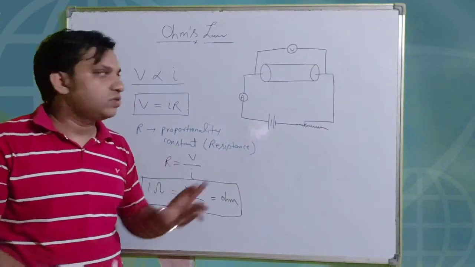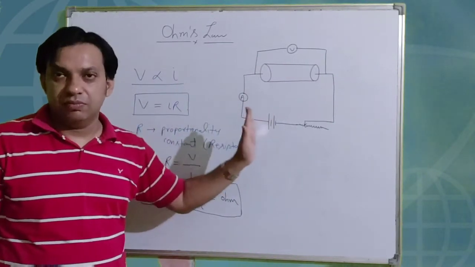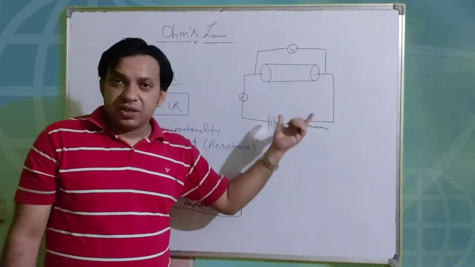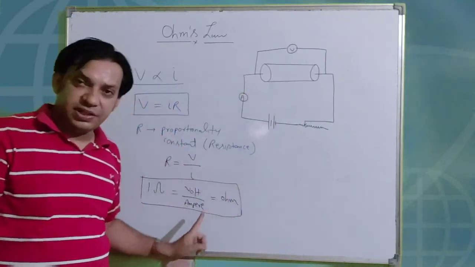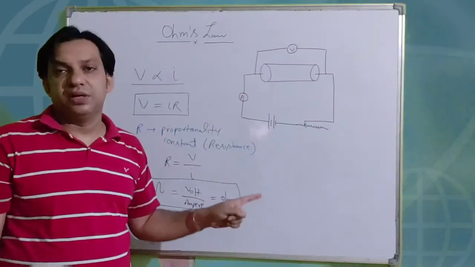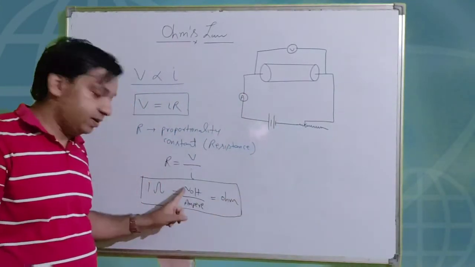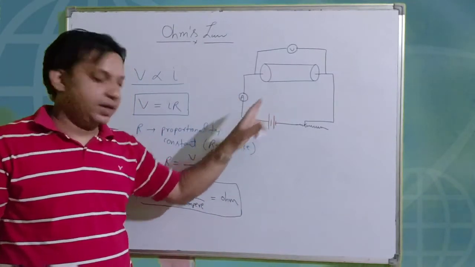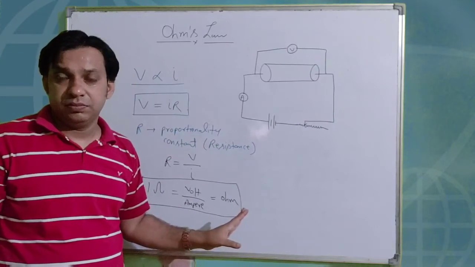So the resistance of the conductor is 1 ohm. I am repeating again: if you apply 1 volt potential difference across a conductor and the current flowing through the conductor is 1 ampere, then the resistance of the conductor is 1 ohm.